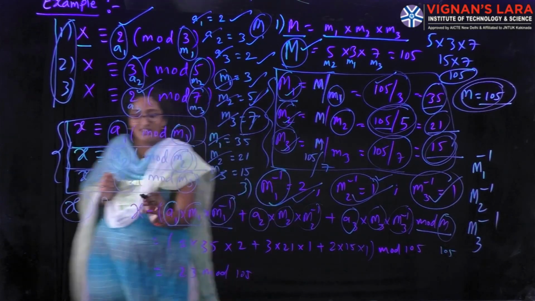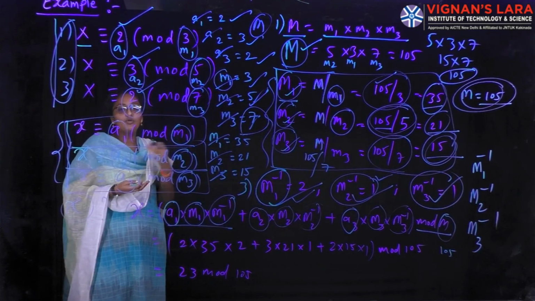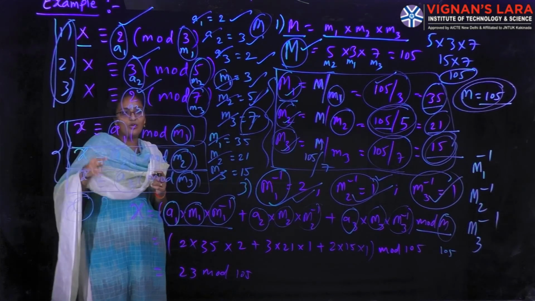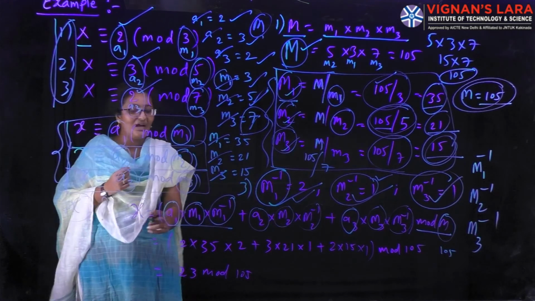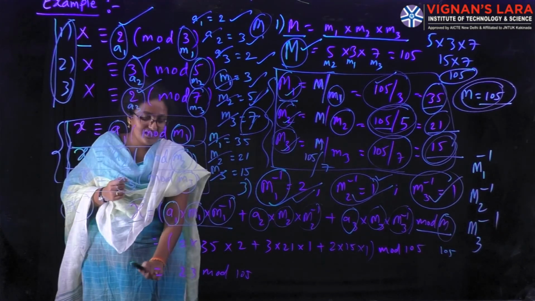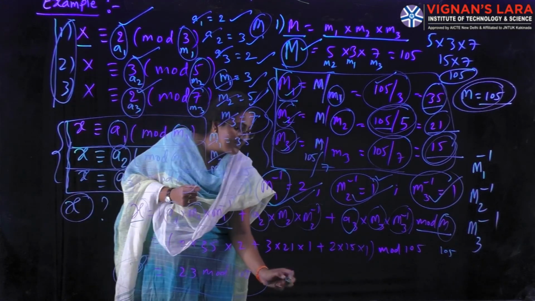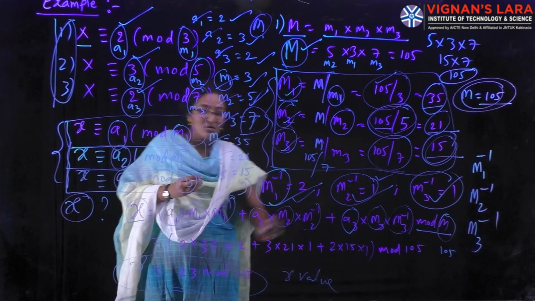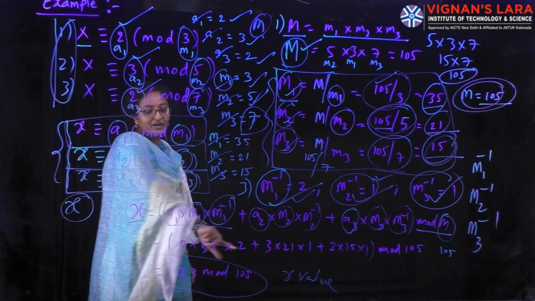So finding the x value is the last step in the Chinese remainder theorem. To find the x value, we took all these congruent equations and solved them. By substituting all the values in this formula, we will get the x value as 23 mod 105. I have substituted a1, m1, m1 inverse as 2, 35 and 2.